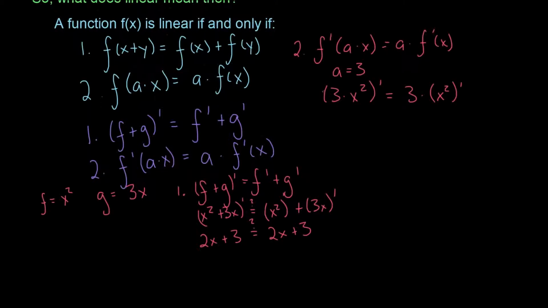When we take this derivative, again we use the power rule, so we have 3 times 2x, which equals 3 times the derivative of x squared, which is 2x, and we see that these both equal 6x. Note that this is not a proof of this rule, but just an example to give you an idea of how this definition of linear works with differentiation.